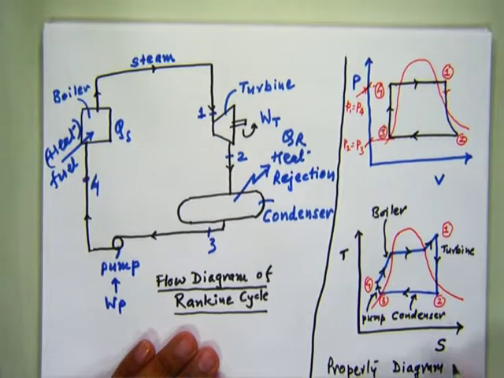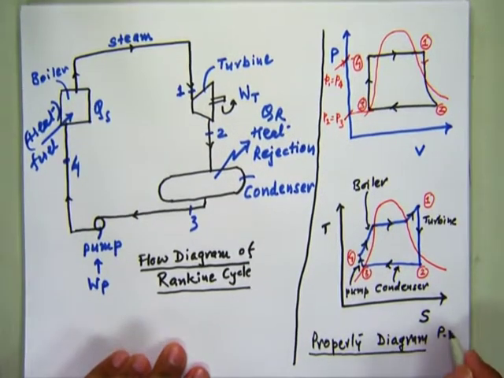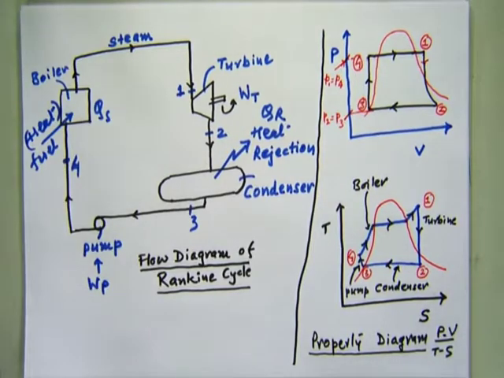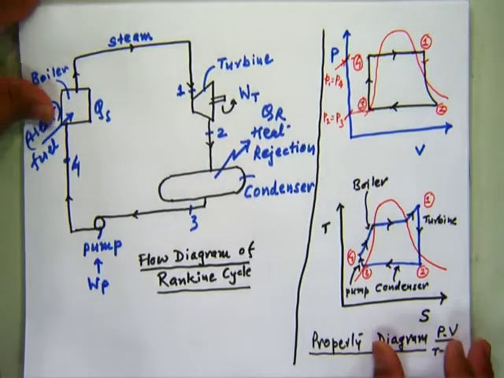Property diagrams are of two types: PV and TS, pressure-volume and temperature-entropy diagram. We are interested to carry out the analysis to find out the Rankine cycle efficiency.